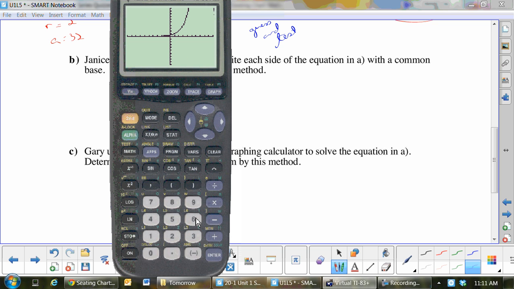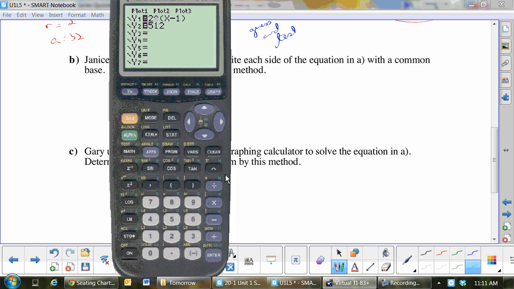It's right here. See that right down there? It's right above the division sign, where my arrow is. You see the little arrow?